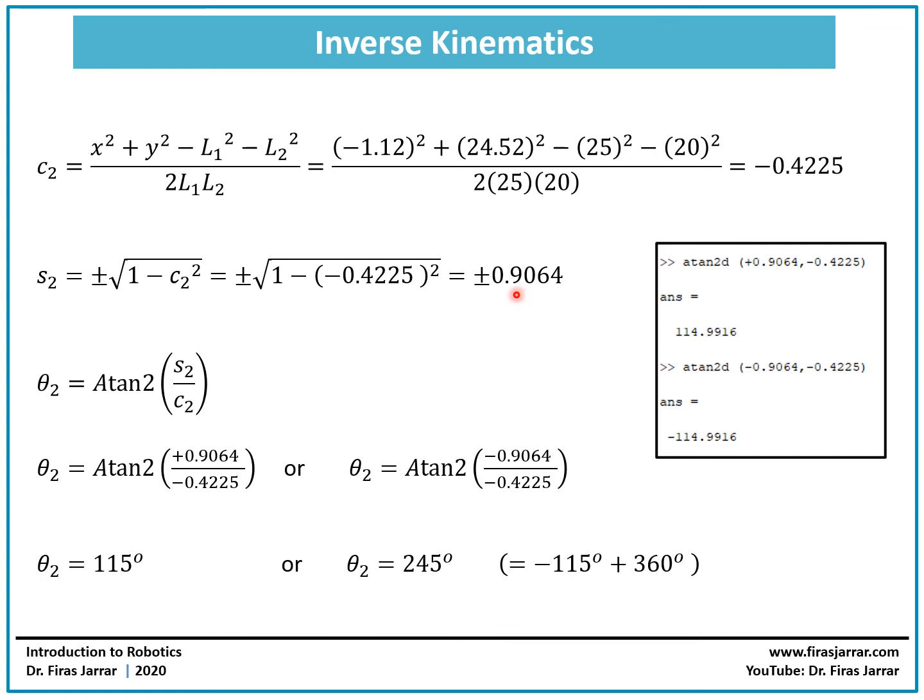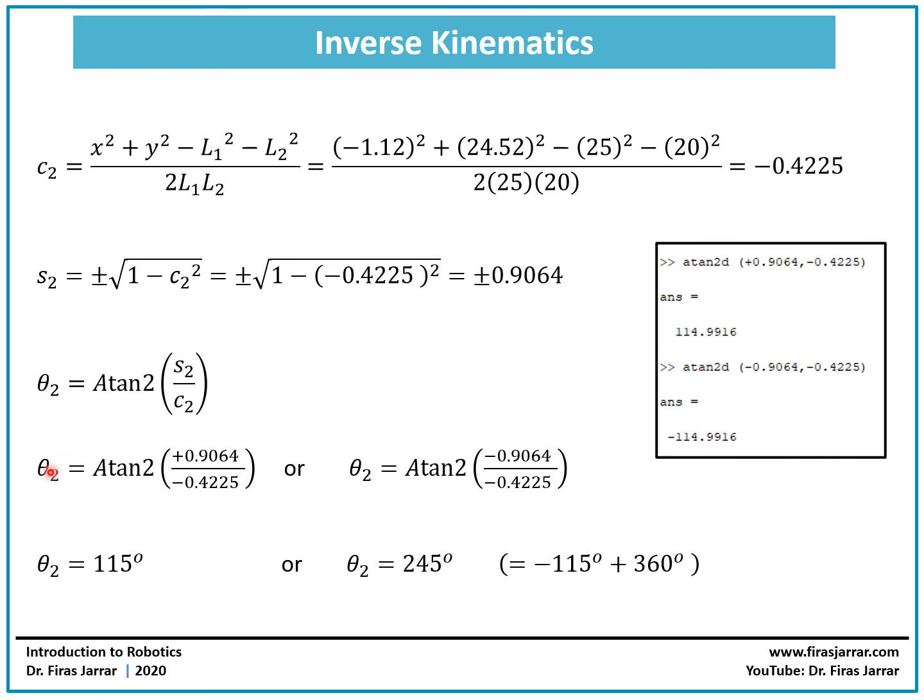Now if you substitute the values for sine theta 2 and cosine theta 2 into this formula, I can get the atan2. This is for cosine theta 2, this is for sine theta 2. I will have to consider both cases, the positive one and the negative one.